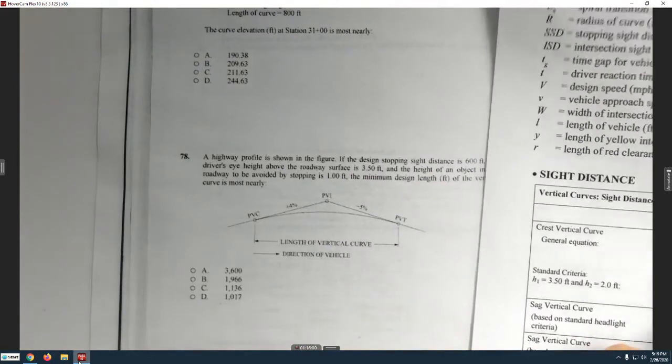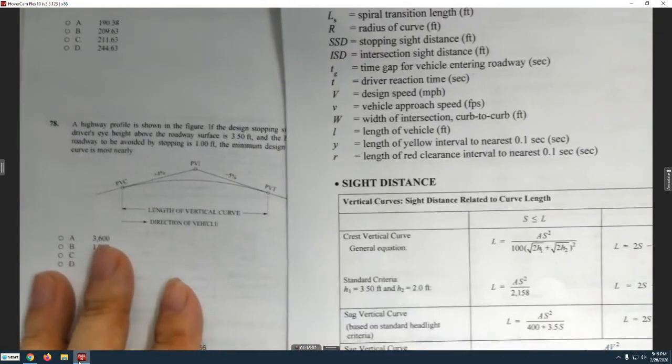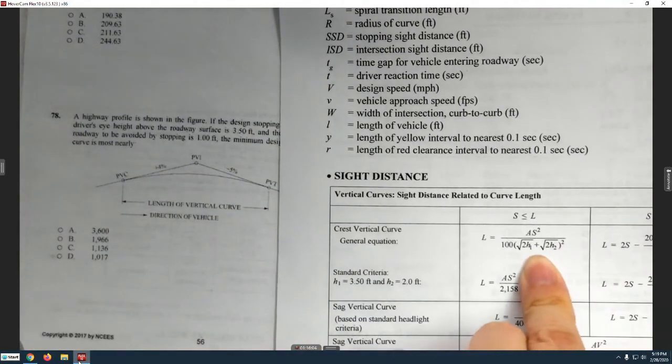Okay, so that's great. We finally find the use of a formula here. The previous table of stopping sight distance I mentioned, we want to use this one.